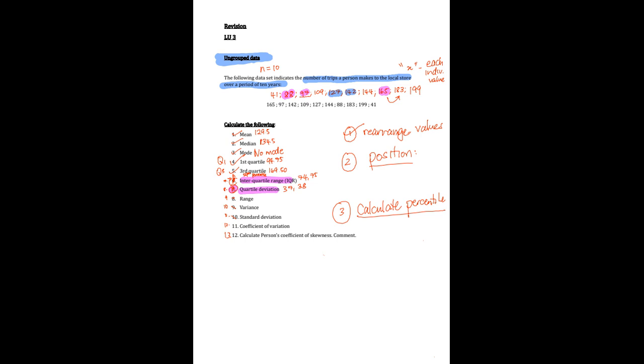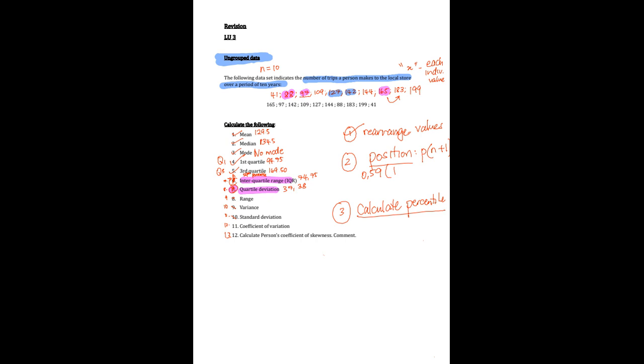It's calculated as P multiplied by N plus 1. So here, P is whatever percentile they asked you. In this case, it was 59. Make it a decimal. So instead of 59, it's going to be 0.59. And then this is multiplied by 10 plus 1.